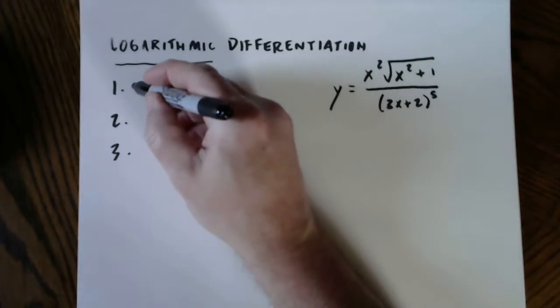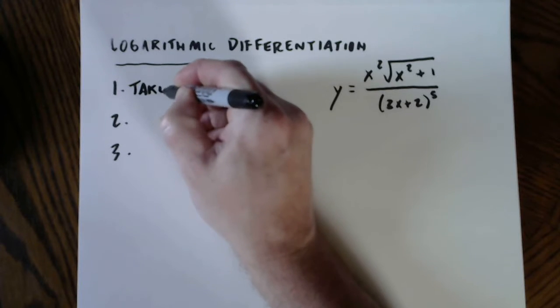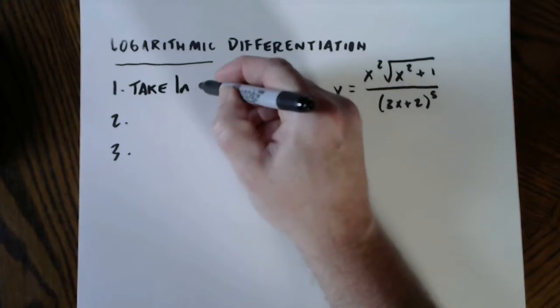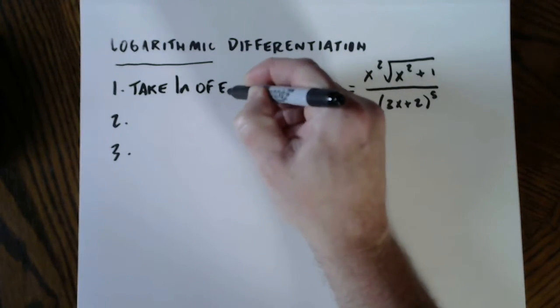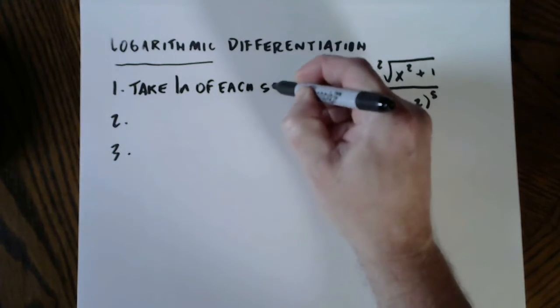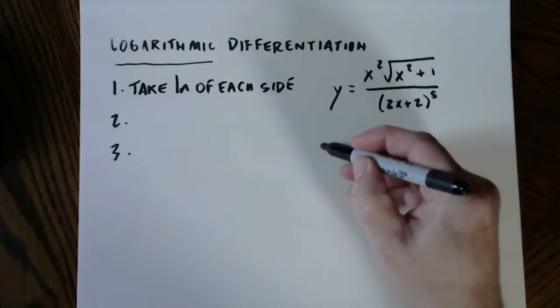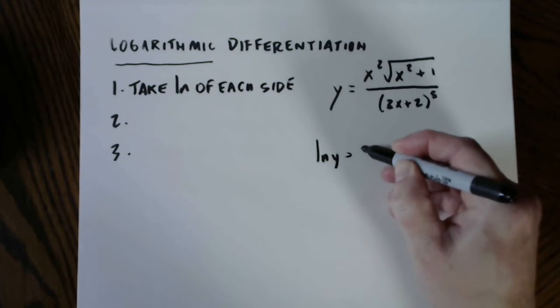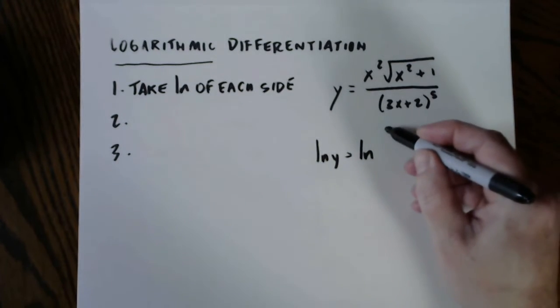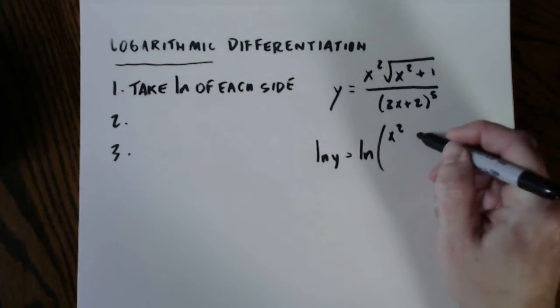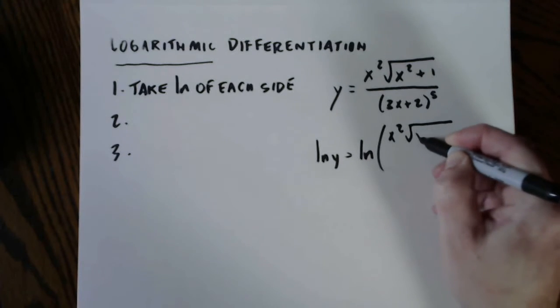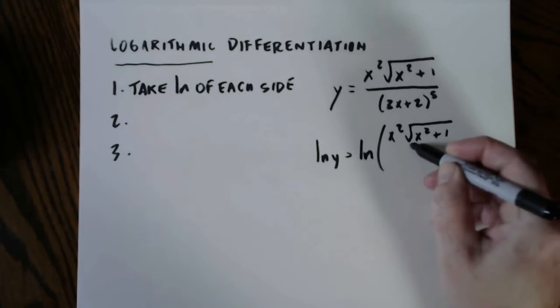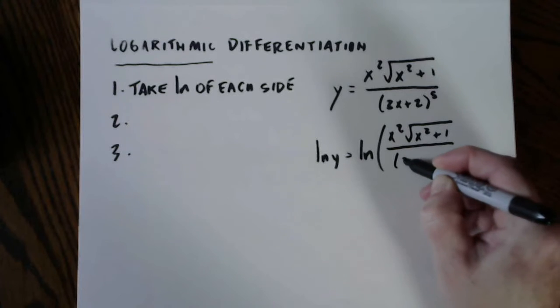So step 1 is we're going to take the natural log of each side. Okay, so this will be ln of y, and this will be ln of this monstrosity. Actually, the one in the book is even nastier, but I didn't want to run out of room.